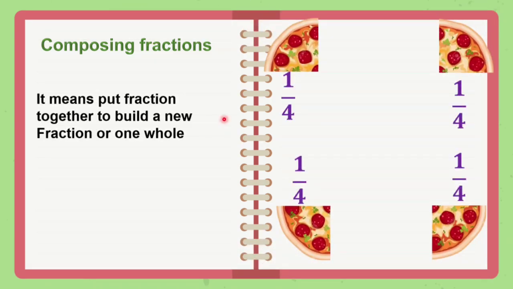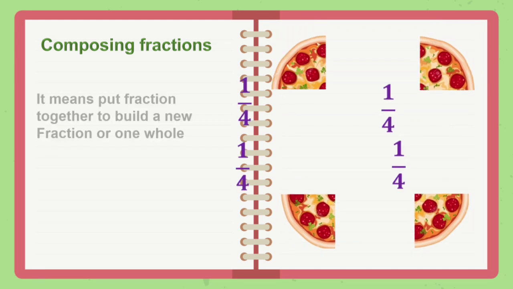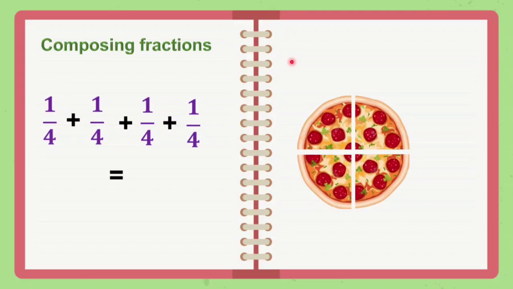If I have here 4 equal parts of a pizza, each part represents a fraction which is called 1/4. And I collect them together like that. So I have how many fourths? I have 4/4, right?